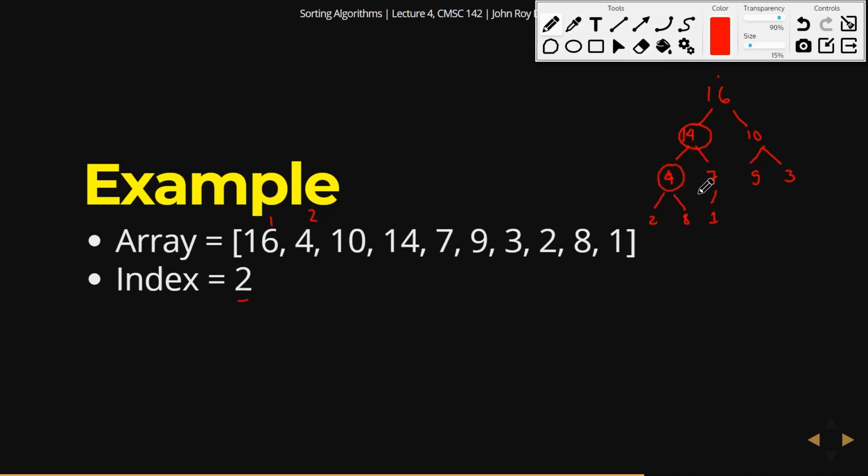Among the three, 4, 2, and 8, which one is the biggest? It's 8. So 8 should be here, and 4 should be here. This time, since the swap happened here and it's already a leaf, we can stop. And this one is actually a max heap already, right? Because 16 is the biggest between 14 and 10, and then 14, 8, 7: 14 is the biggest; 10, 9, 3: 10 is the biggest; 8, 2, 4: 8 is the biggest; and 7, 1: 7 is the biggest. So this is already a max heap.